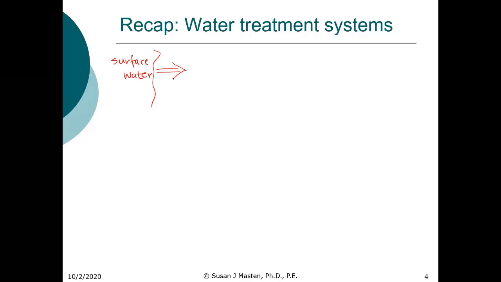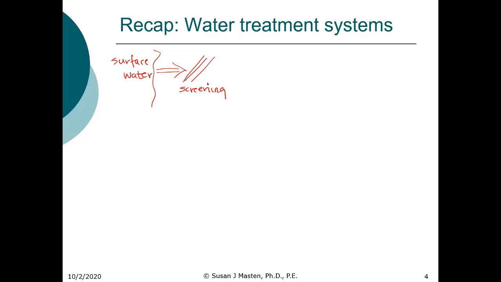The big stuff. So we're going to remove it with some sort of screening. Typically a bar screen, which is basically, think of it as a really large sieve with typically about 1-inch slots in it.